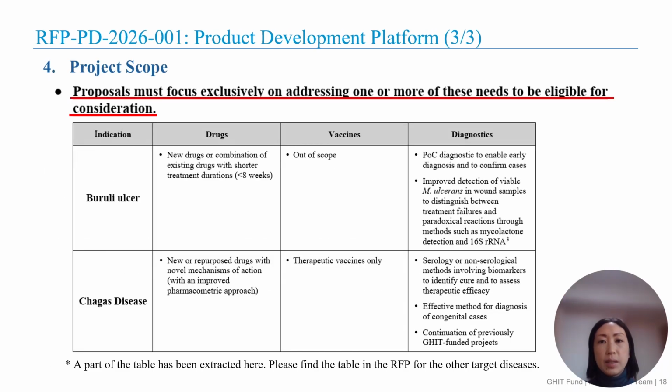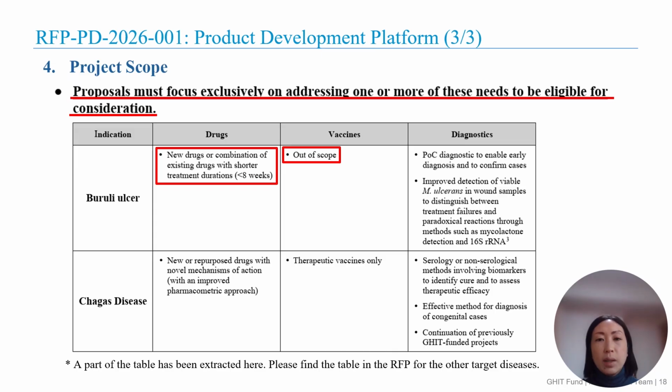One major difference between the TRP and the PD platform is that the PD has a defined scope table in the RFP. This is a snapshot of the table that outlines what is considered in scope for each disease and intervention. Your proposal must address one or more of the listed needs to be considered eligible.